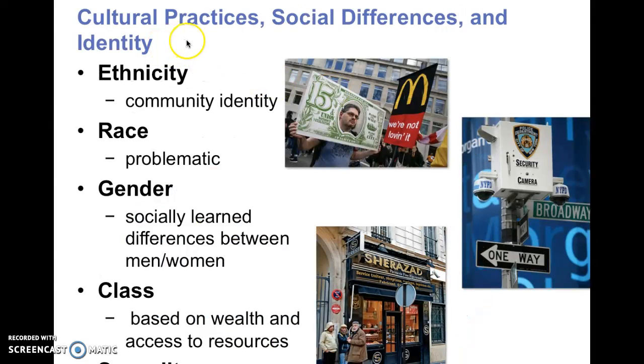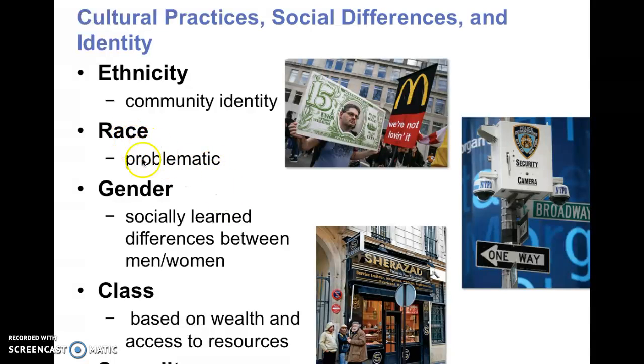Cultural practices, social differences, and identity. Ethnicity. So community identity. Ethnicity is not something that is strictly in one part of any country. Ethnicity can be how we see ourselves. What community do we see ourselves belonging to?